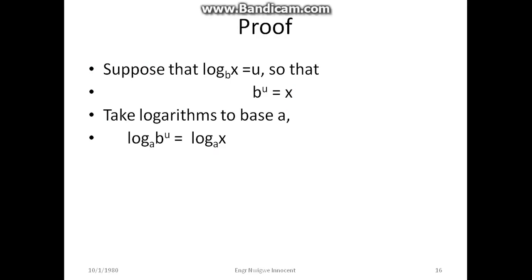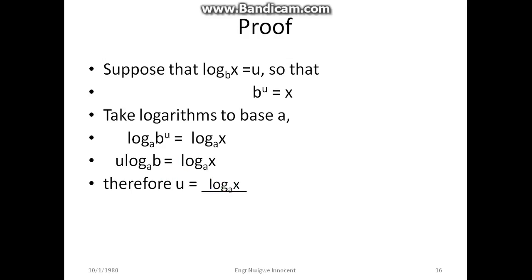Therefore, u going in front of the log, we have u log b to the base a is equal to log x to the base a. Making u the subject of the formula, we have log x to the base a over log b to the base a.